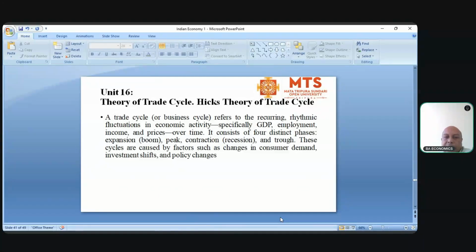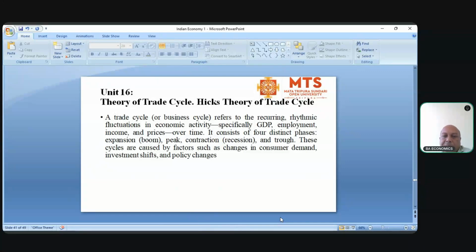It is also known as an expansion of the economy, and if it continues, the economy reaches the highest point. It is known as the peak point, and after reaching the peak, the economy goes downward. It is known as a contraction or recession in the economy. So it indicates a negative phase in the trade cycle.